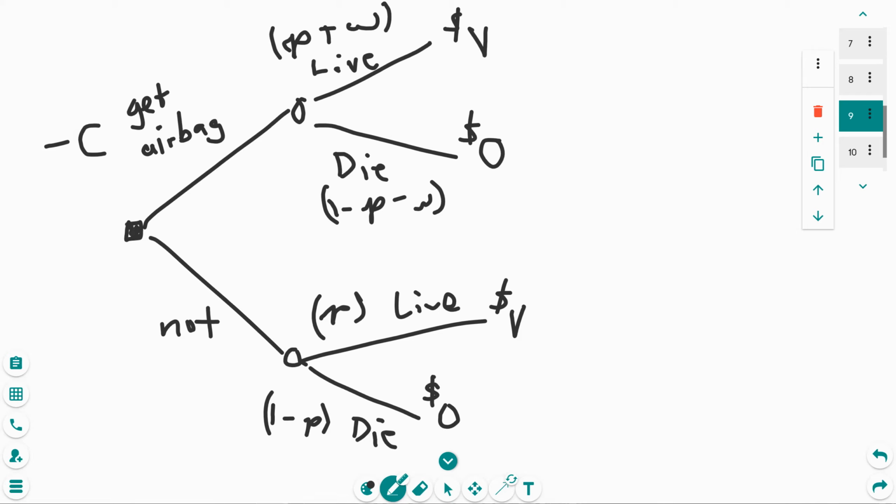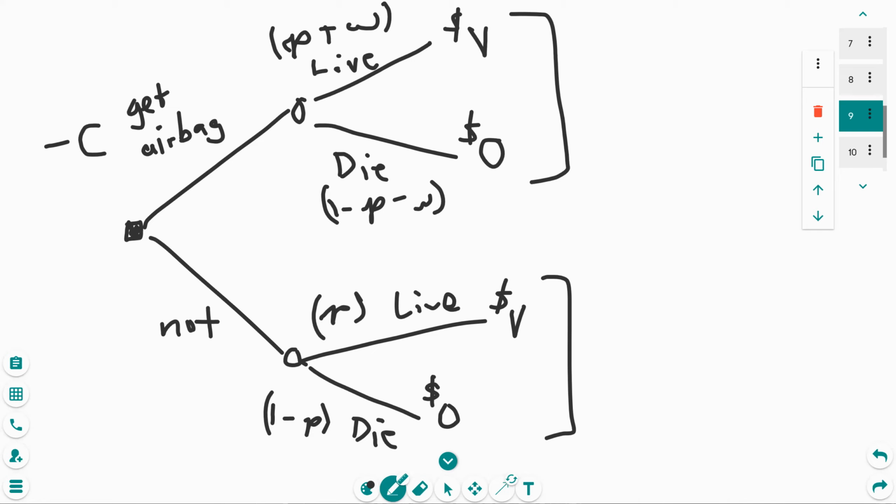Now, once again, we have the same market equilibrium concept, where if the payoff up here to buying the airbag is so much larger than the payoff down here to not getting it, then airbag vendors would be able to increase their prices dramatically and still sell just as many airbags because people would value that choice by so much more than the alternative.